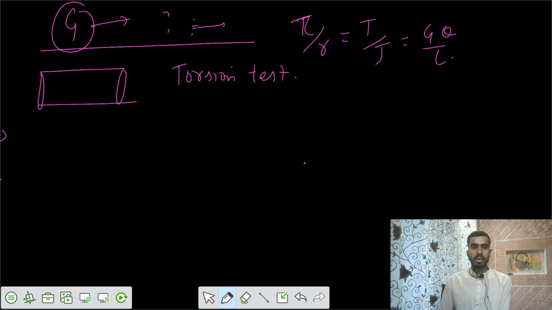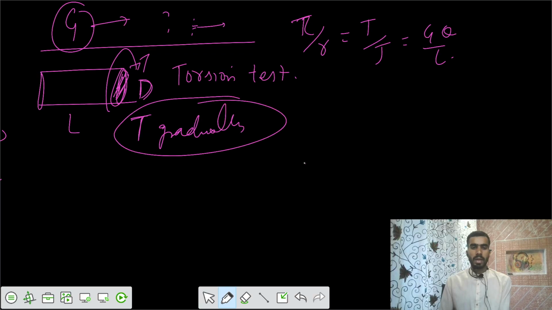We have some length L and some cross section of diameter d. You are applying a torsion moment of T, gradually. Based on that, we have some deformation phi, the shearing strain.